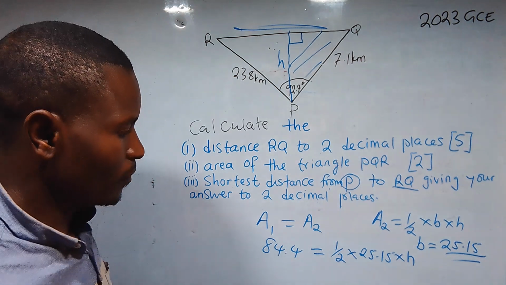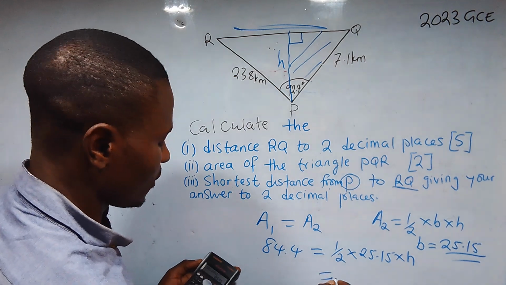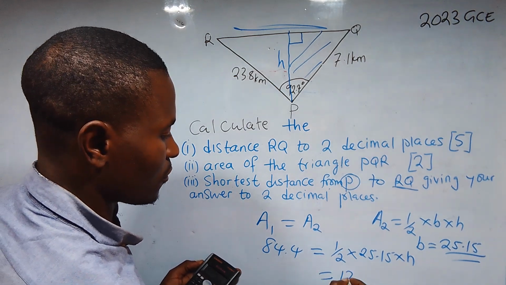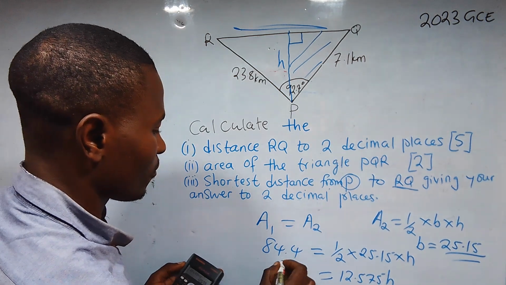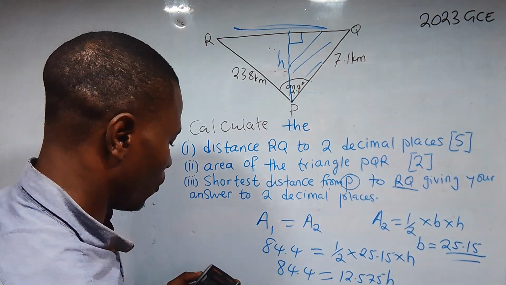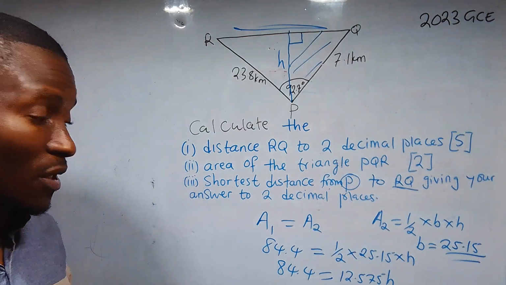So now I'm getting 12.575 H equals 84.4. Okay. So that's what we're getting.